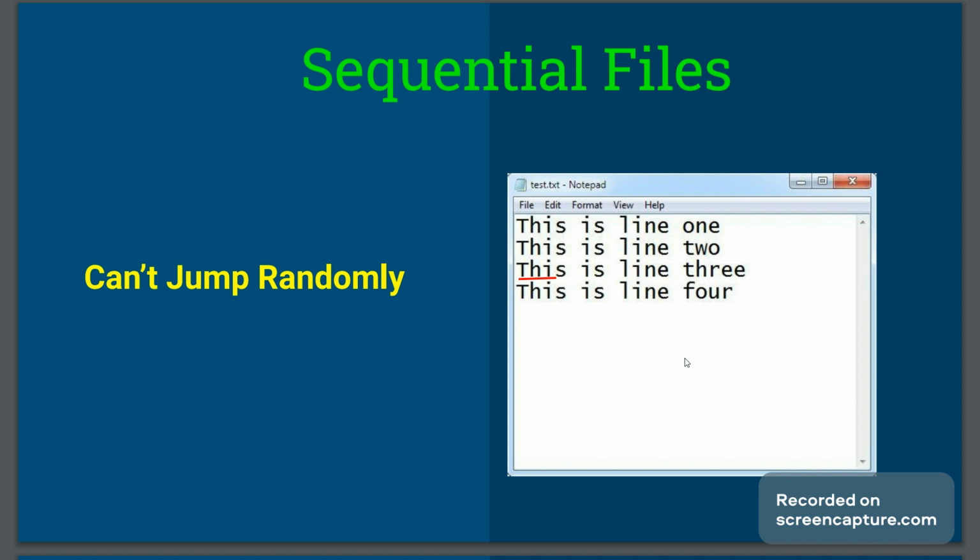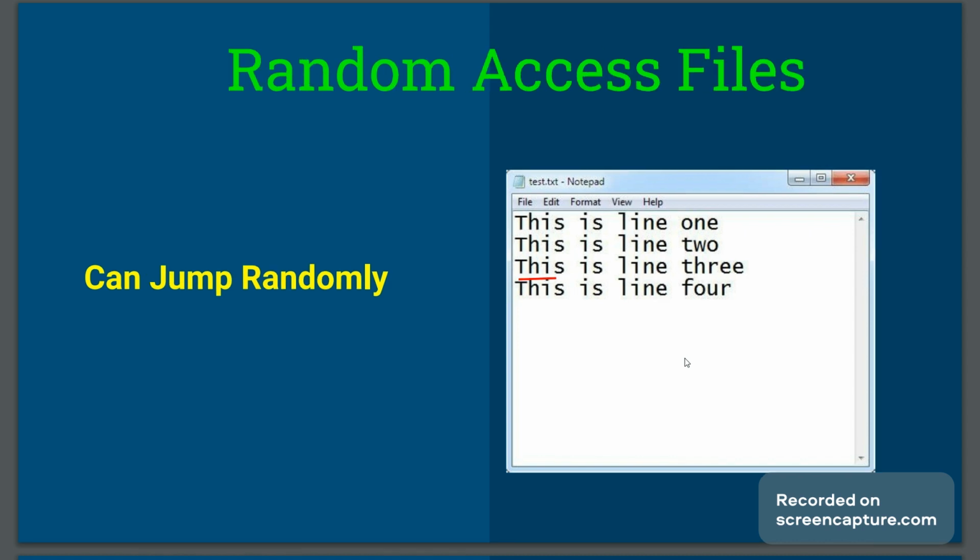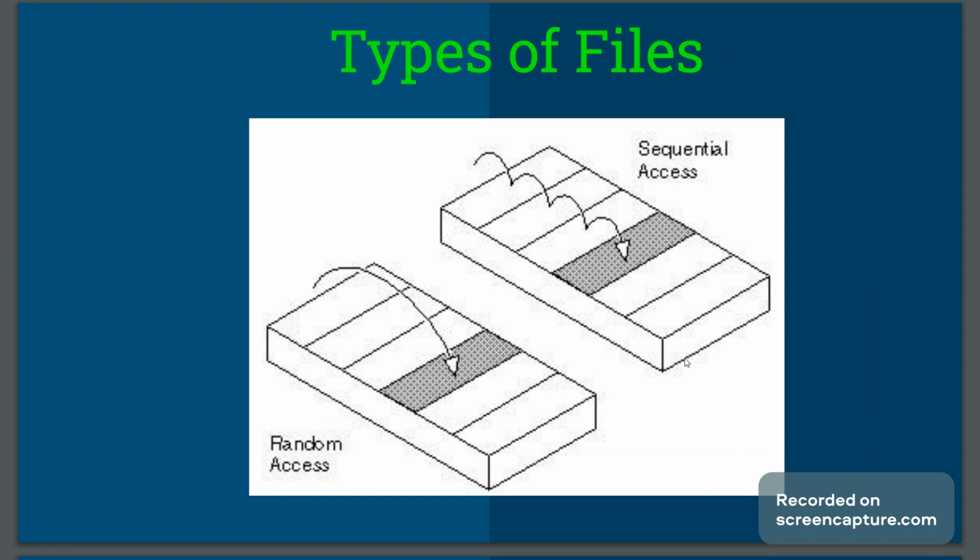To overcome this drawback in Java, we have another type of file, that is the random access file. We can move the file pointer randomly to any position in the random access file for reading or writing purposes. Now, how are these types of files implemented in Java? These sequential access files do not allow reading from any arbitrary position or writing to any arbitrary position in the file.